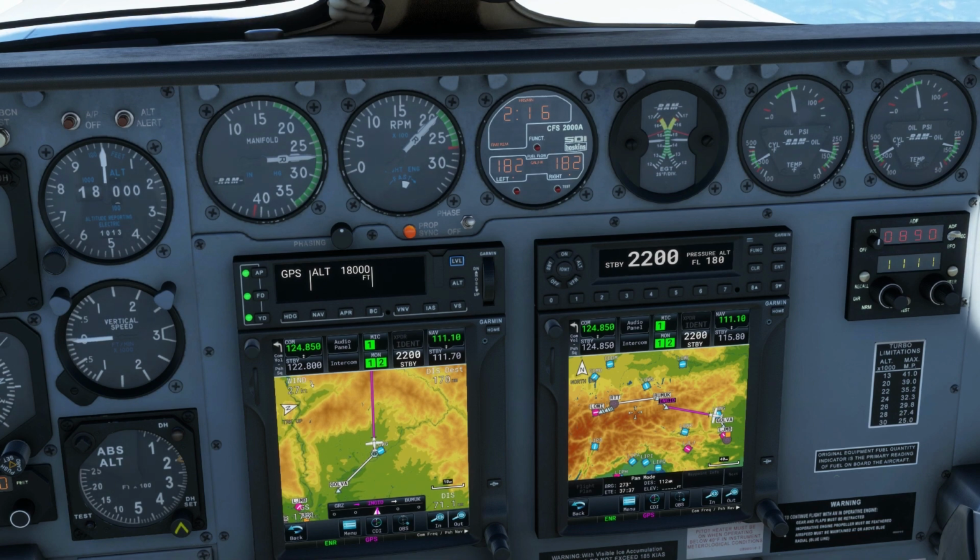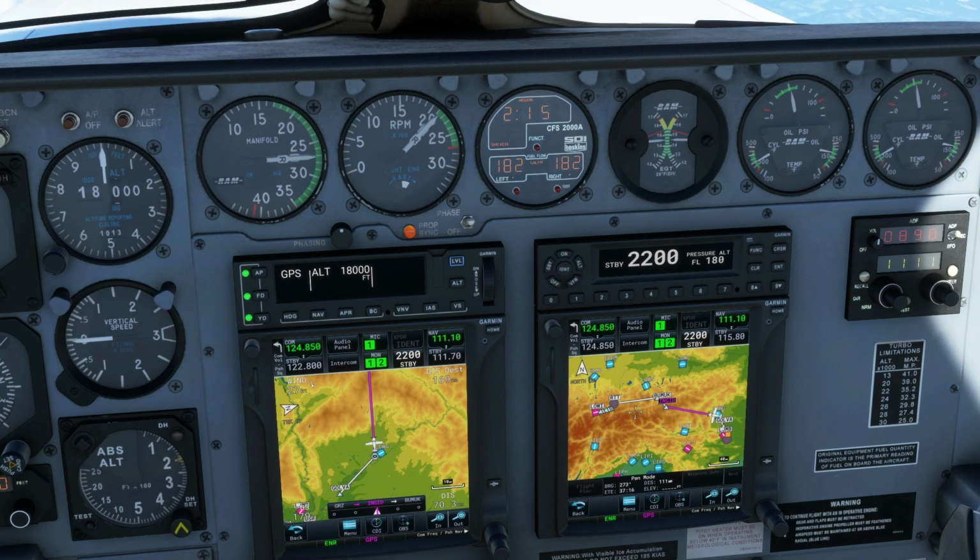There's not much to say in the cruise, of course. Just system monitoring. Green, green, green.